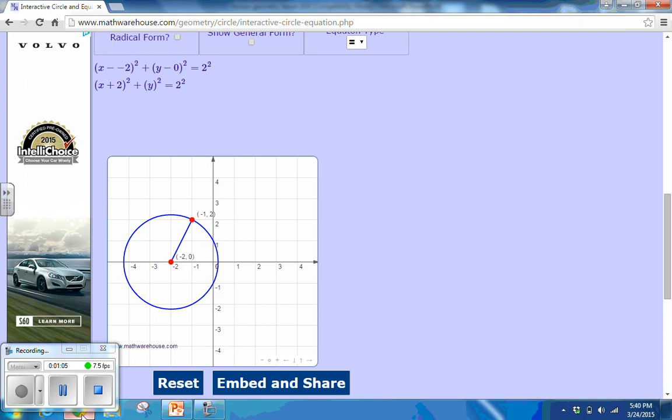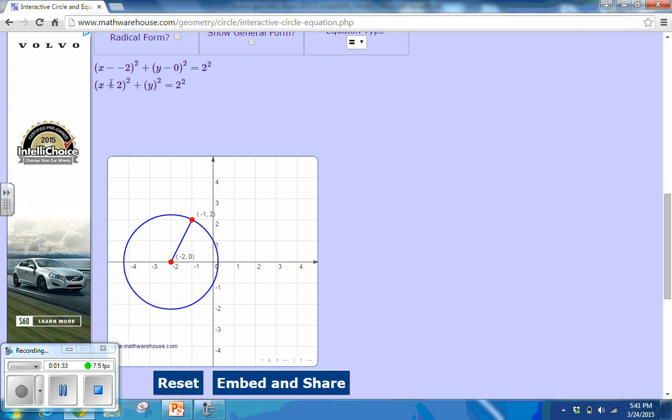So here's the website. We see that we have this circle, and the center right now is at (-2, 0). And then it has a point at (-1, 2). Come up here at the top, and you see the equation. Now they write it a little differently than we do, but they have (x - (-2))² + (y - 0)² = 2².